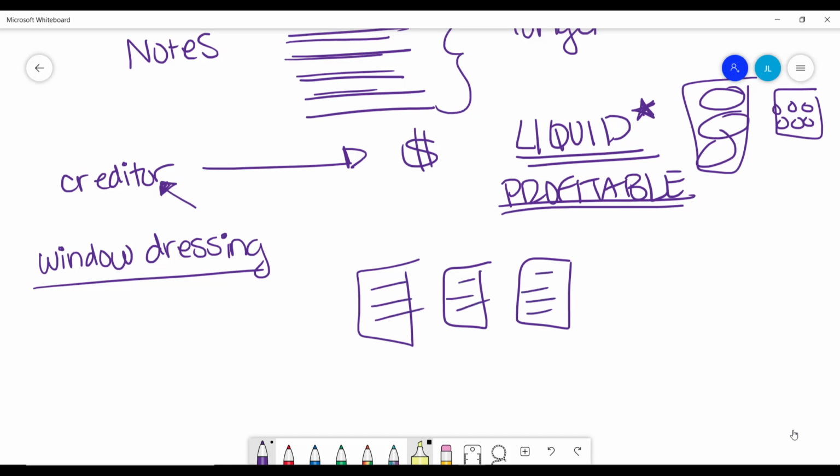Move things around, make things look a little bit better than they actually are to increase the chances of actually getting the outcome that they want. For example, a creditor extending a loan to a company. Okay, so window dressing is where management tries to make these statements look as strong as they possibly can.